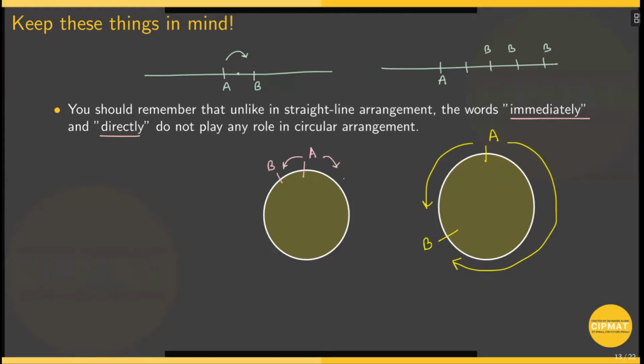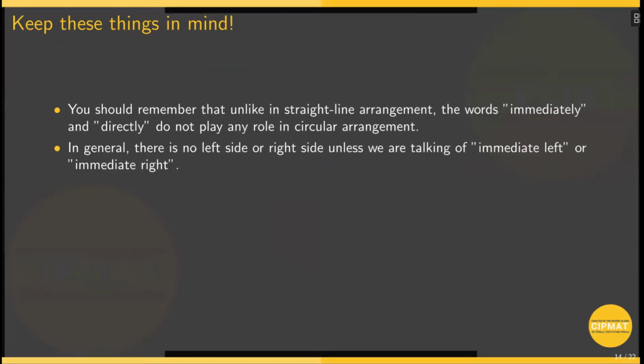Hence, whenever I mention that B is to the right of A or to the left of A, it basically means that B is immediate right or immediate left of A. In general, there is no left side or right side in circular arrangements unless we are talking of an immediate left or an immediate right. So don't make the mistake of getting confused.